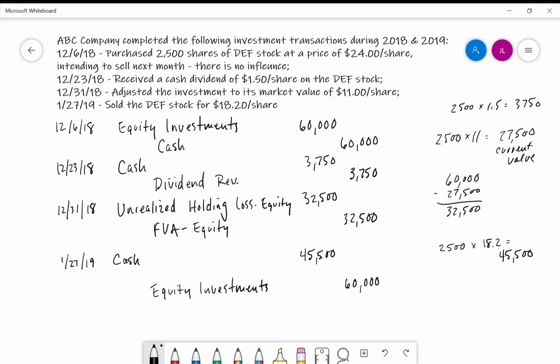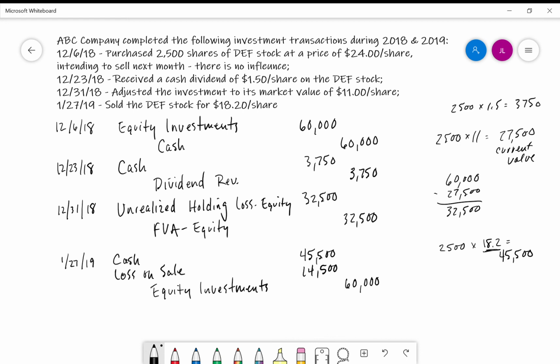We can also think about it because the value now is $18.20, but when we bought it, it was $24. We're selling it for less than we bought it for. So we have a loss on sale or disposal of $14,500. So this is journalizing everything that happened here from an accounting perspective.